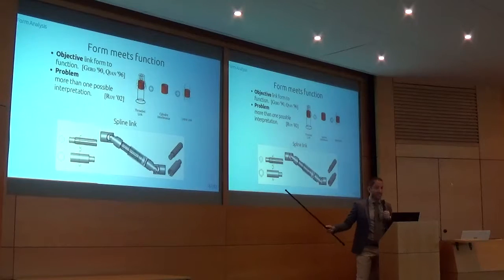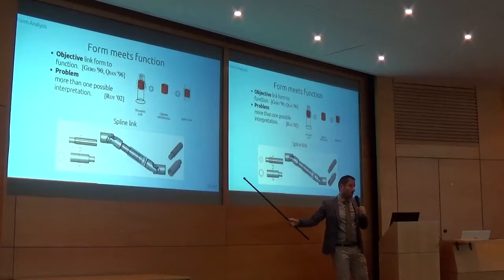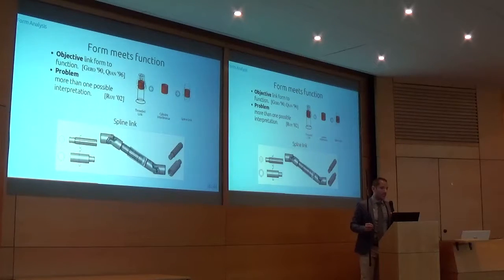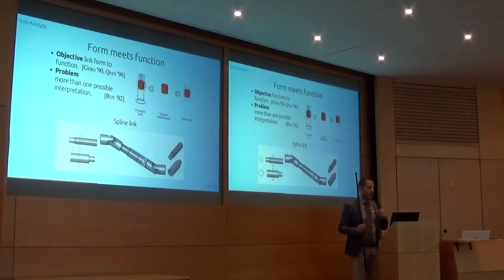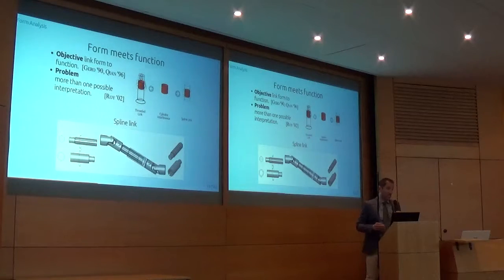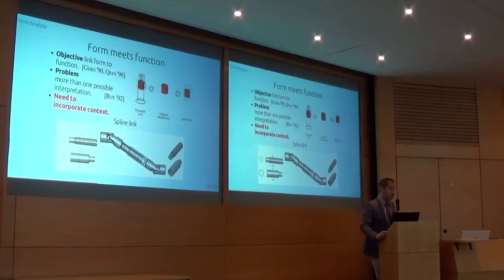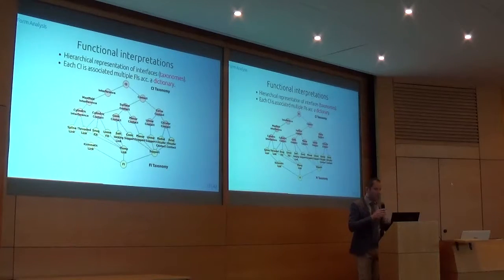It's a kinematic link that transmits rotation while still allowing translation. This link is also commonly represented in simplified DMUs by a simple cylindric interference. So the connection between form and function is ambiguous. We need more information to clarify this, and we will borrow context as we'll show shortly. But for now, we are interested in giving all possible functional interpretations to a certain geometric configuration.